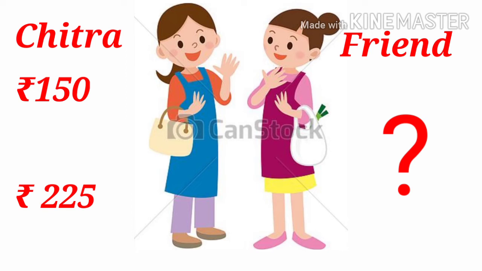So Chitra needs to borrow the rest of the amount, which is a subtraction problem now. So we are subtracting the amount she has already, that is rupees 150, from 225, the cost of the bag. So 225 minus 150 gives 75, the money required for Chitra to borrow for the purchase of the bag.